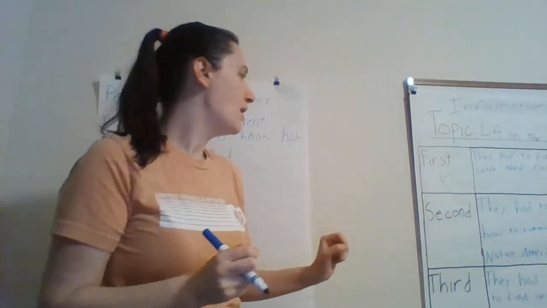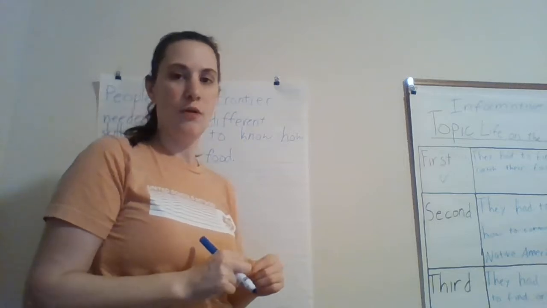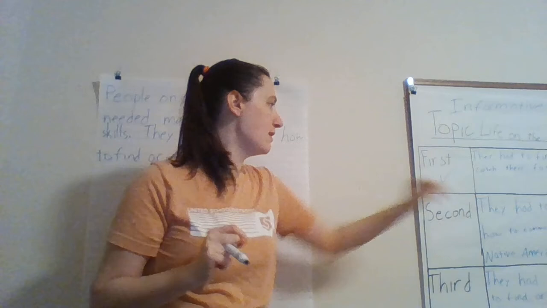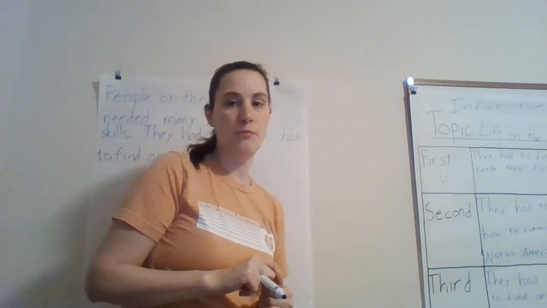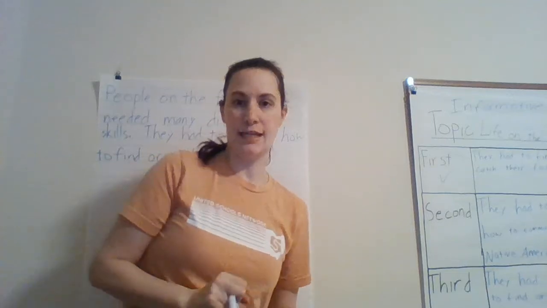Next, my next one, they had to know how to communicate with Native Americans. I'm going to write exactly this. They had to know how to communicate with Native Americans. When I go back and edit this, I might change some of these sentences.